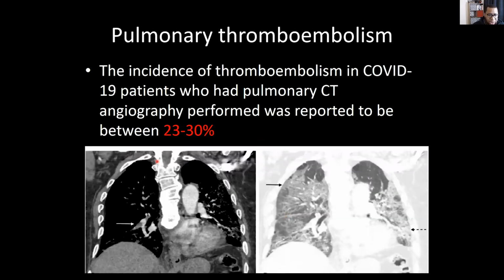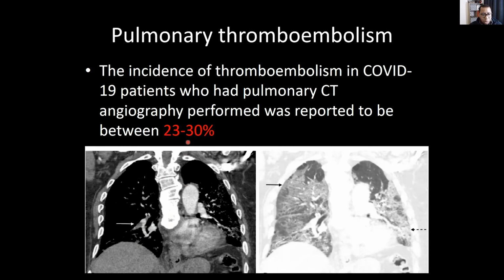One study showed that the incidence of PE or pulmonary thromboembolism, because my suspicion is that not all these filling defects are actually from pulmonary emboli. Some are from in situ thrombosis, right? Given everything that we've talked about, although it's hard to tell the difference. I believe that a lot of the filling defects we see in COVID-19 patients are due to in situ thrombosis.